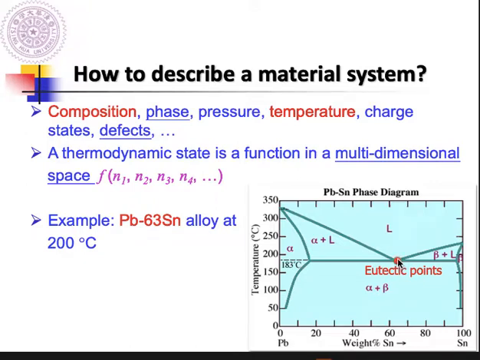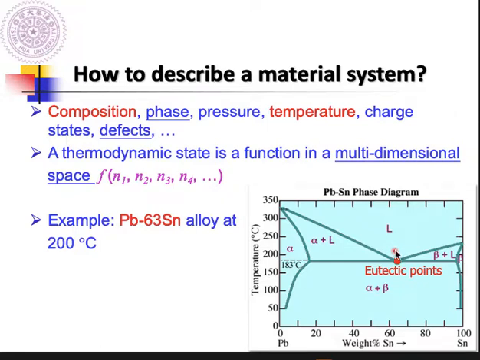So this is how we describe a material, right? You use lots of parameters to try to describe this state. But just remember, this state is definitely a thermodynamic equilibrium state. So how about if we want you to describe another state?